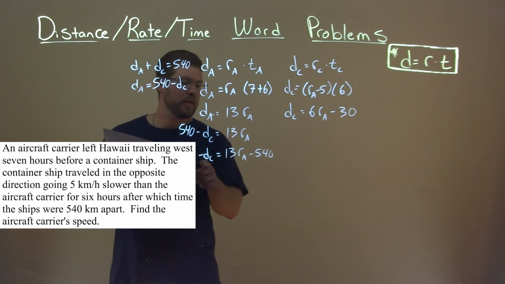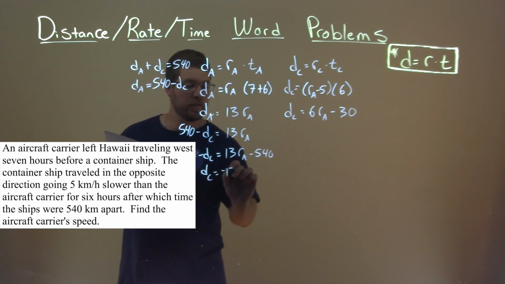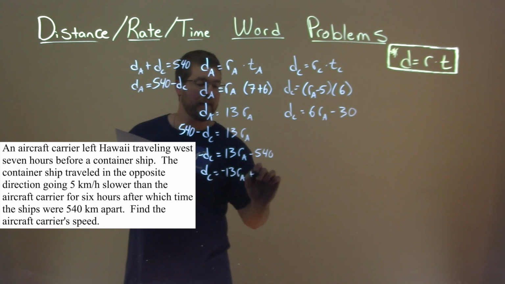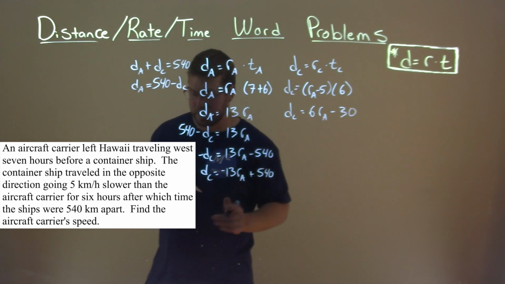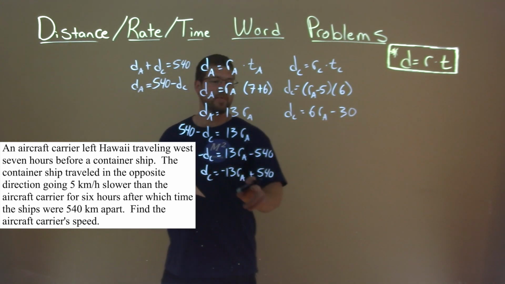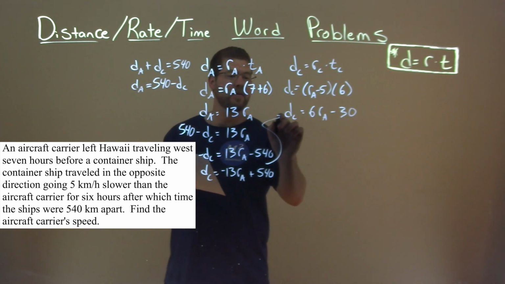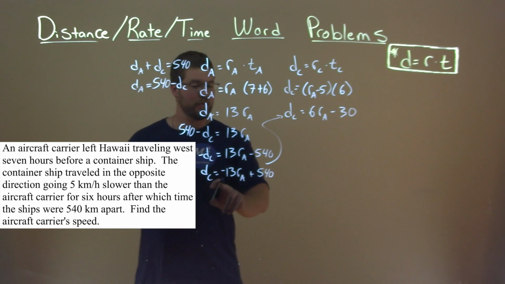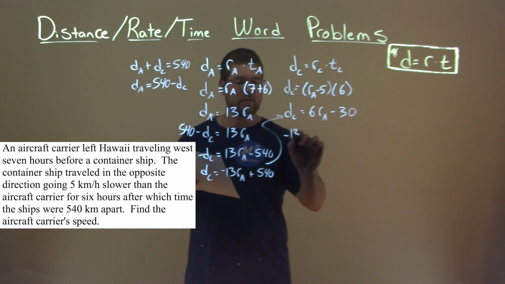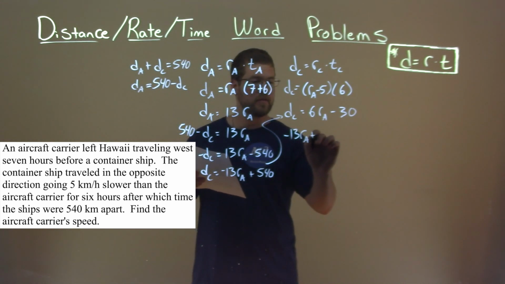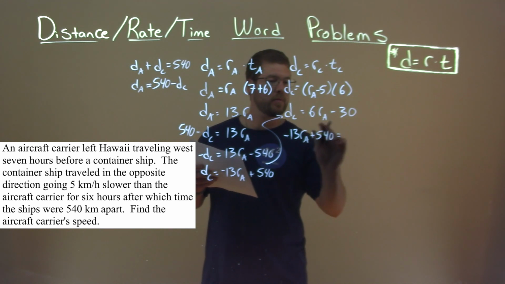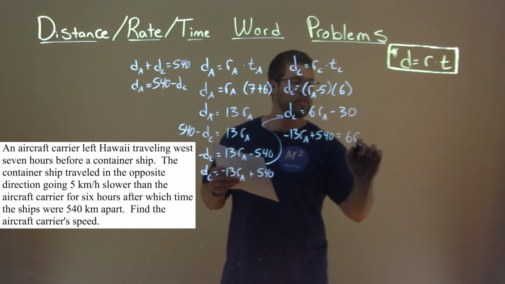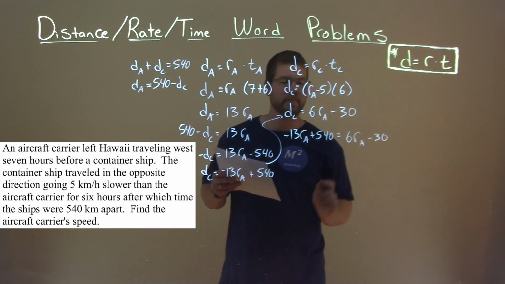If we want to bring this negative over to the other side, we have d sub c equals negative 13 r sub a plus 540. Now this becomes helpful because we can use that for this d sub c. d sub c is equal to negative 13 r sub a plus 540, equals the 6 r sub a minus 30.